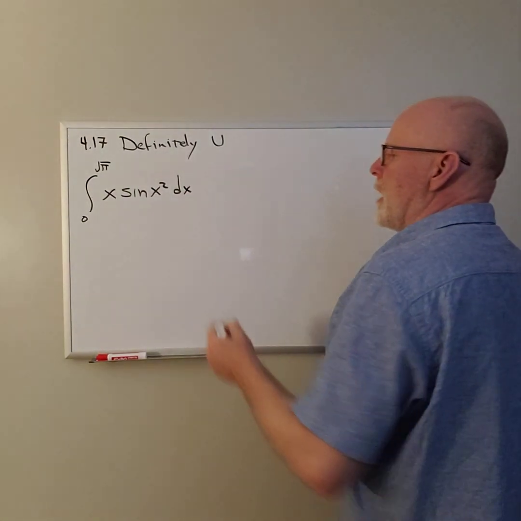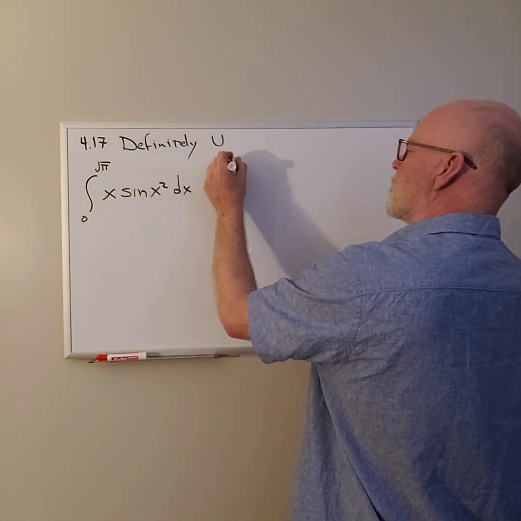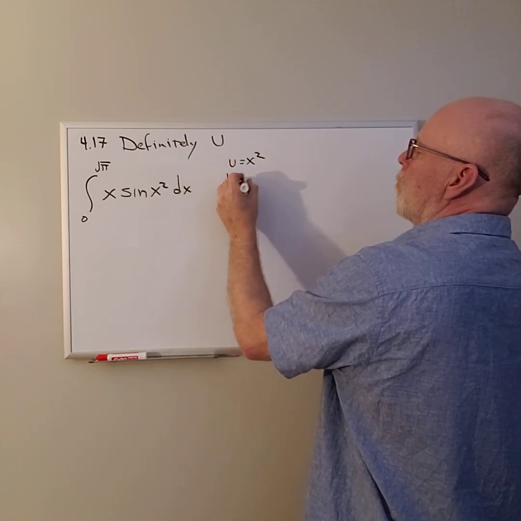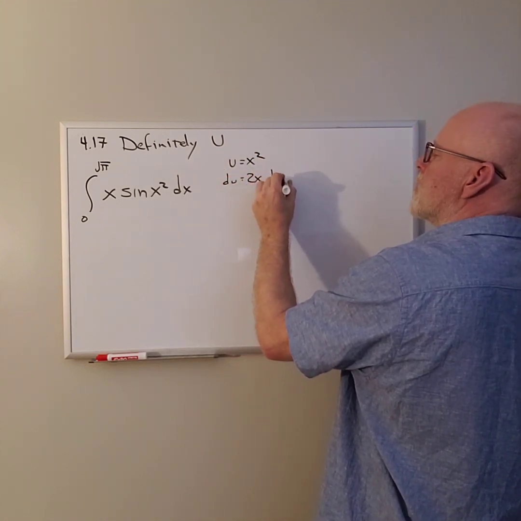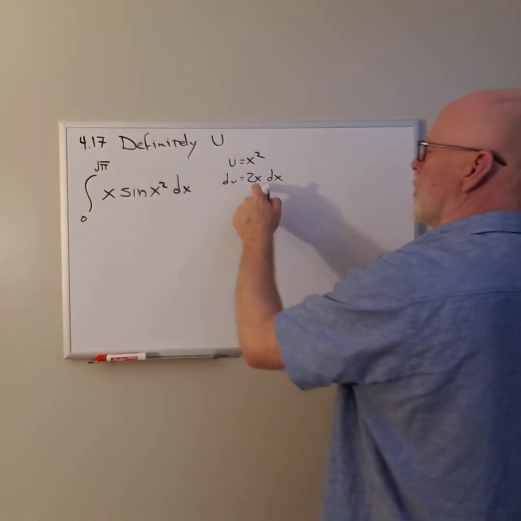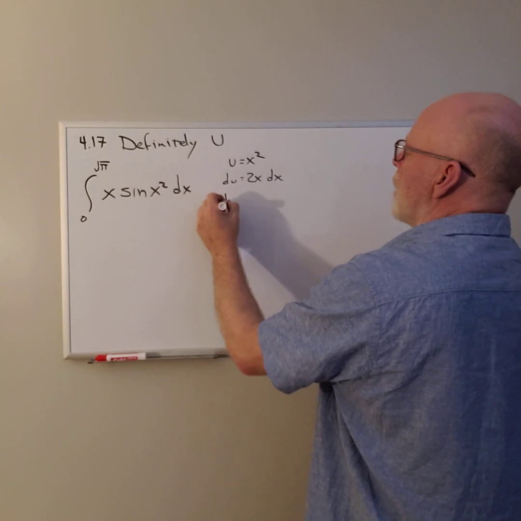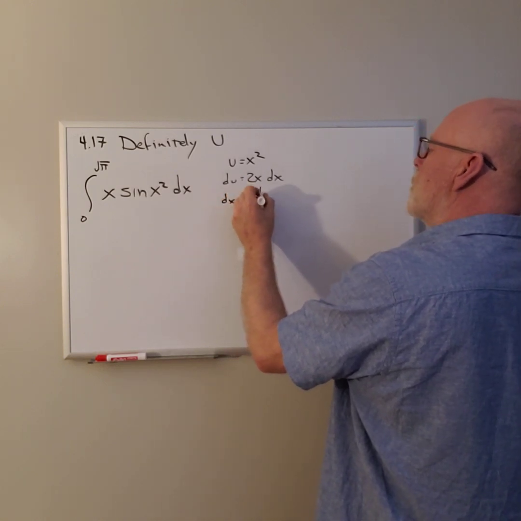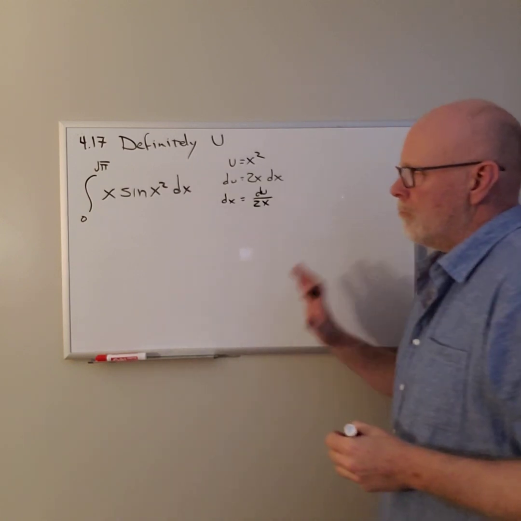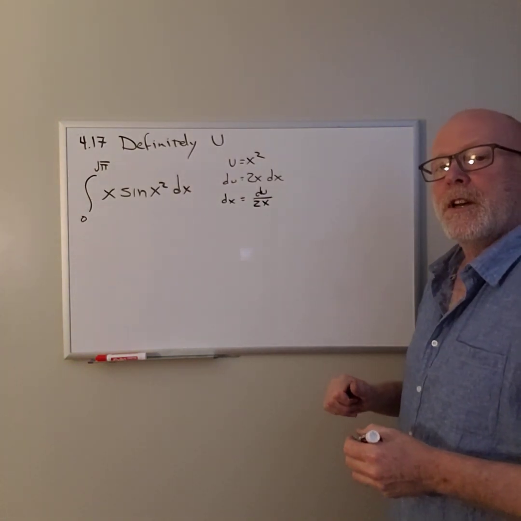It's always going to be the thing inside, so in this case, x squared. Du will be 2x dx, and that's good because we've got an x out there to cancel out. Want to make sure we have that happen. Solve that for dx, so we have dx equals du over 2x. That's the same as it was for indefinite integrals.